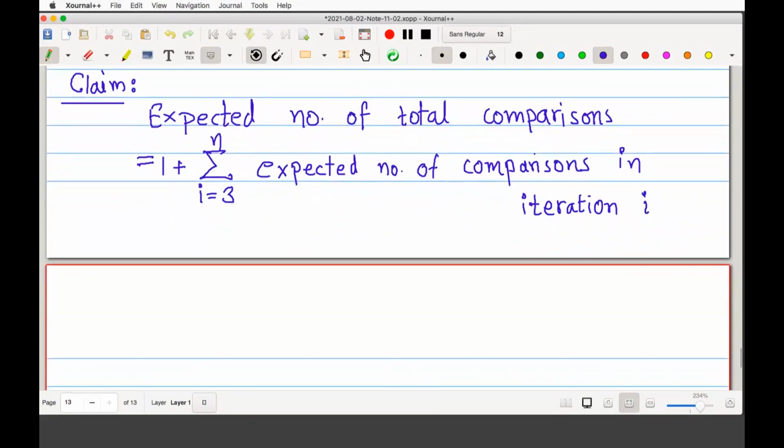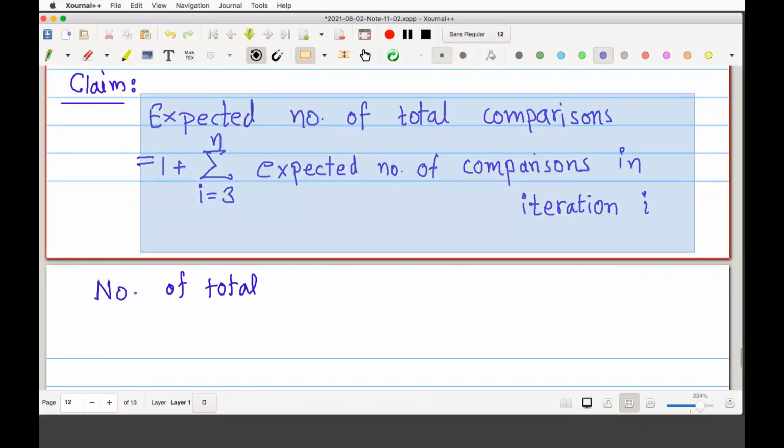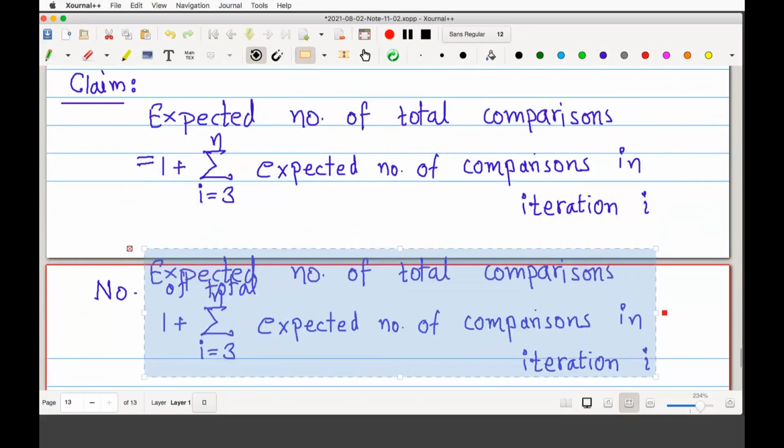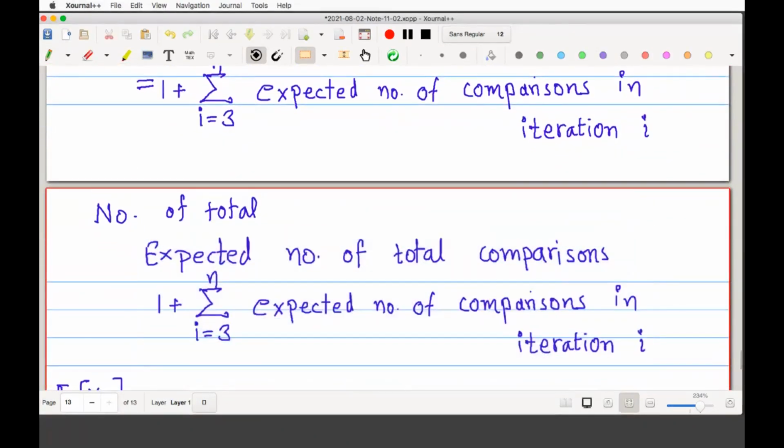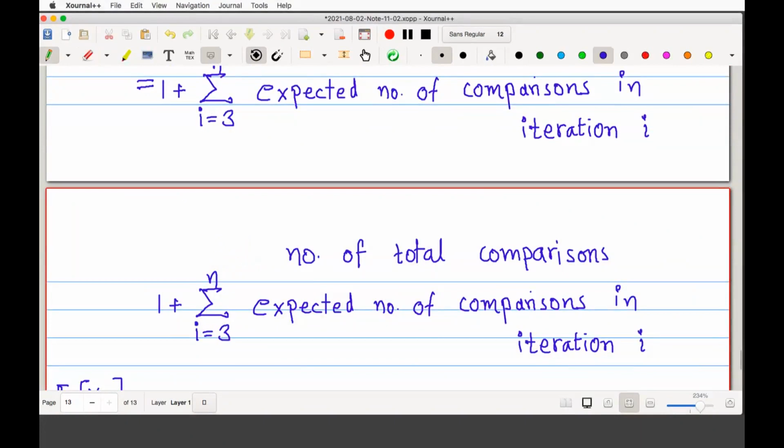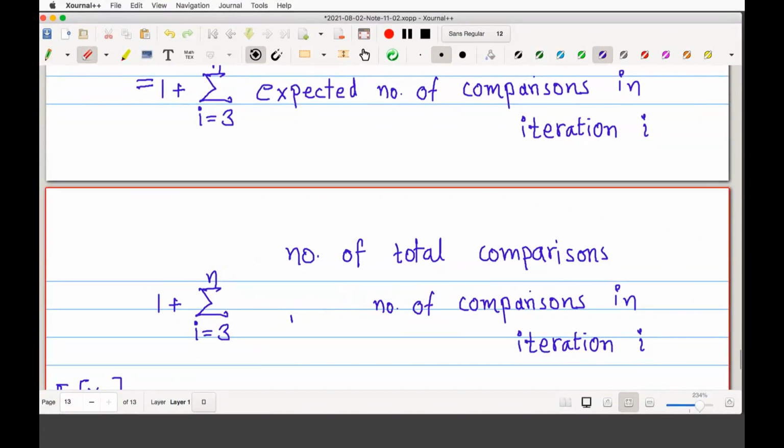So what is obvious is this. You can always say that the number of total comparisons, so let me just copy this. If from this equation you remove the expectation part, then the equation is clearly obvious, right?